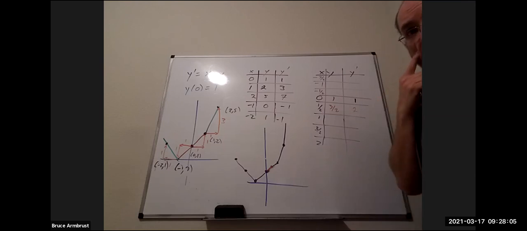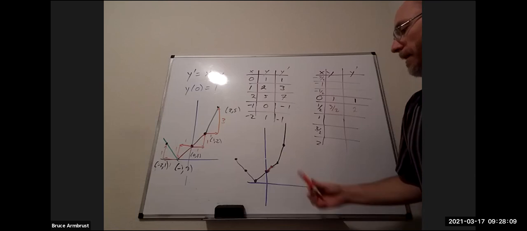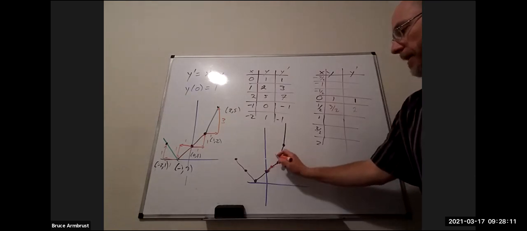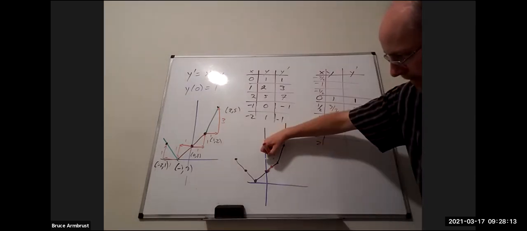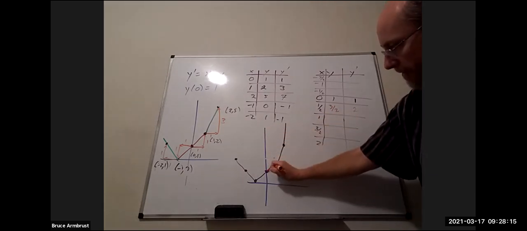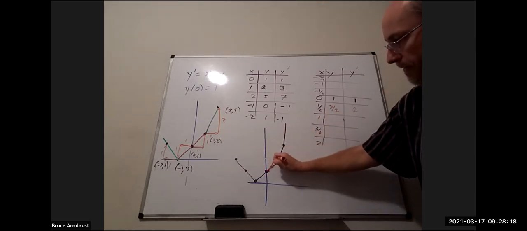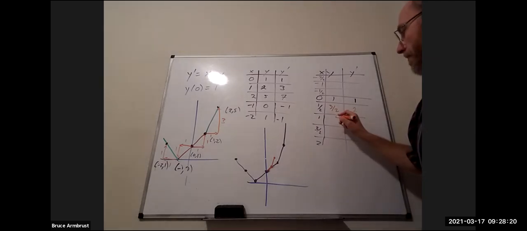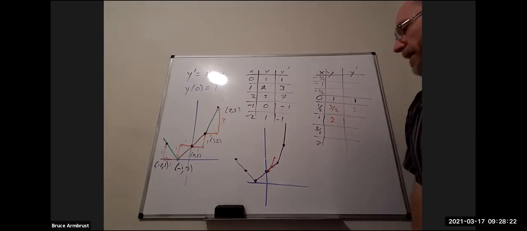So now I've got a bit steeper of a line. If I go over 1/2, that's like going up 1, which is going to bring me here. And so now that's the point 1, 2.